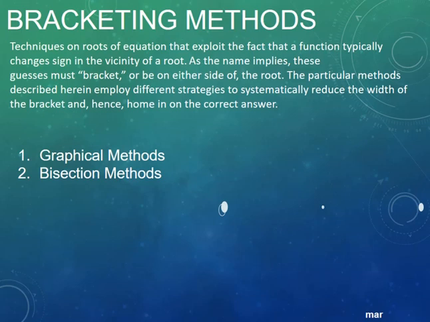So if one root of a real and continuous function f of x equal to 0 is bounded by values of x equal to xl, or the lower value, and x equal to xu, or the upper x value, then f of xl times f of xu must be less than 0. So the function changes sign on opposite sides of the root.